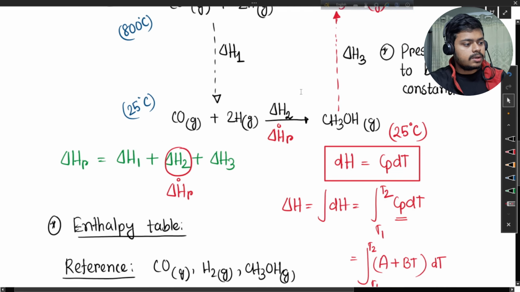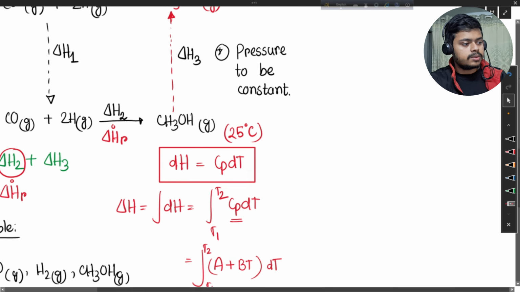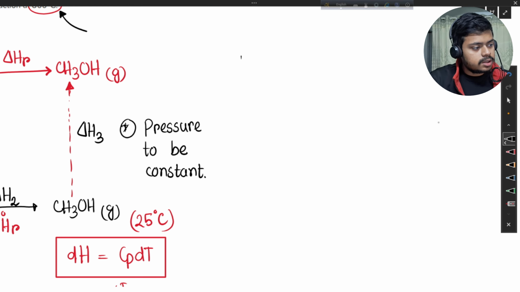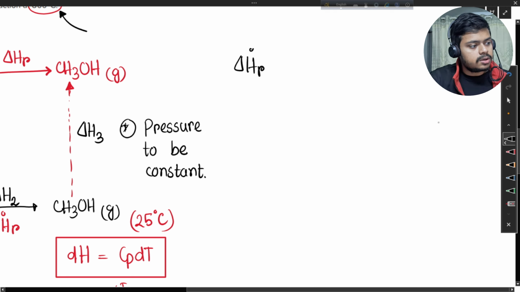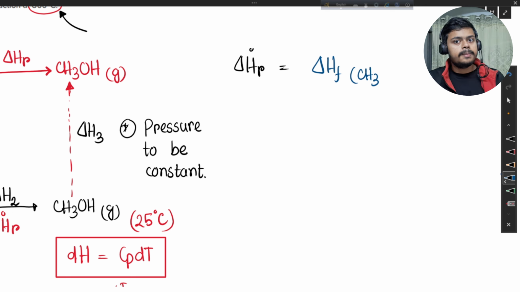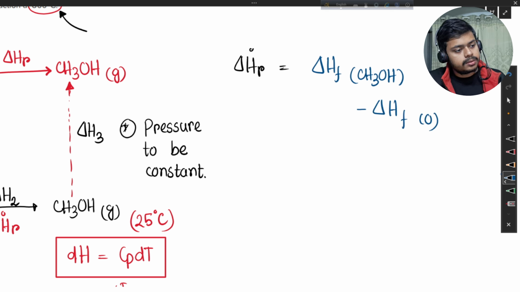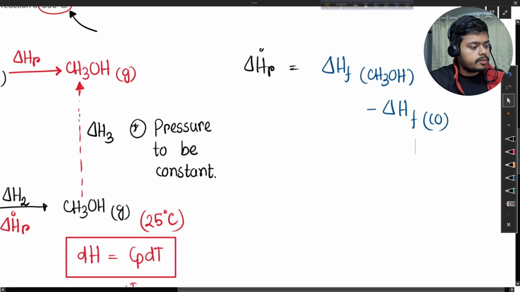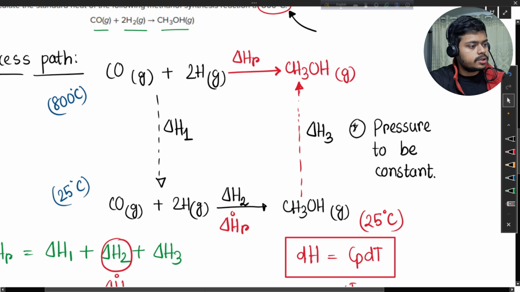So the heat of reaction at 25 degrees Celsius, delta H R naught, is going to be the heat of formation for methanol, negative the heat of formation for carbon monoxide.